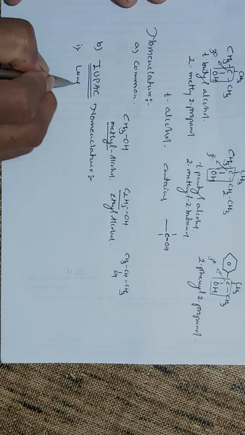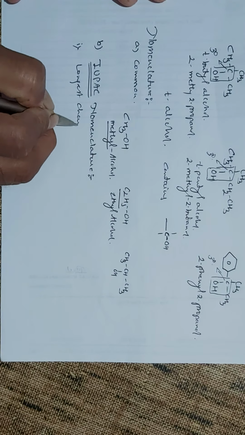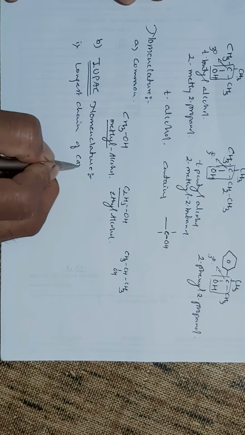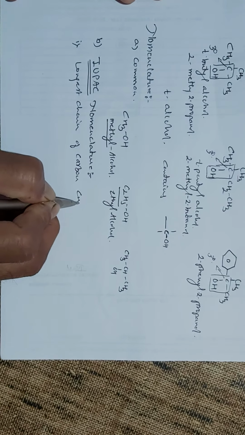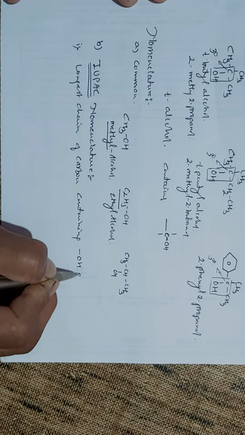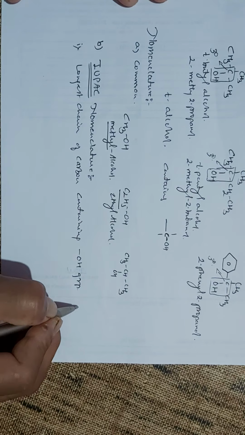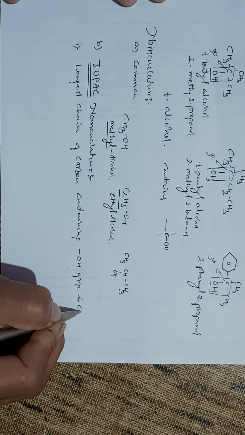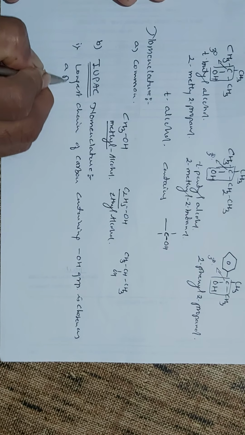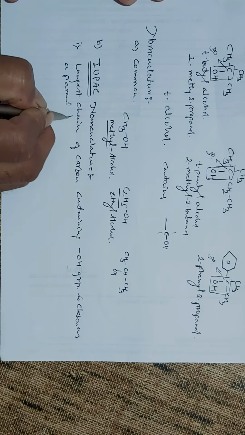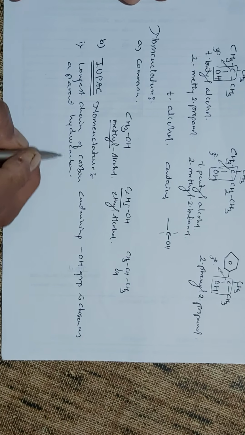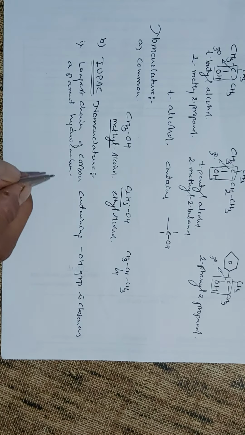So the longest chain of carbon containing the hydroxy group is chosen as the parent hydrocarbon. This is the first rule.